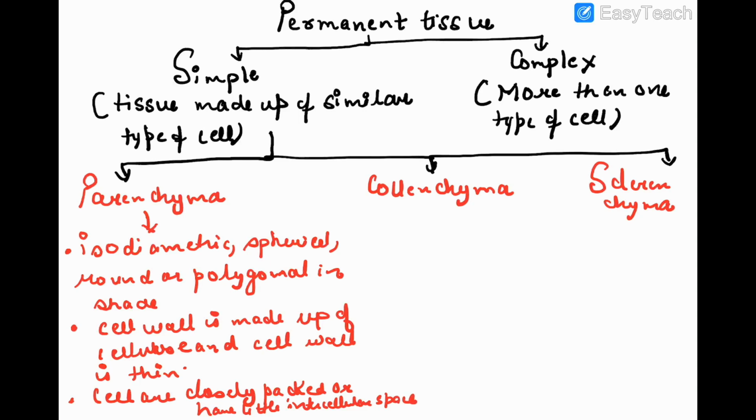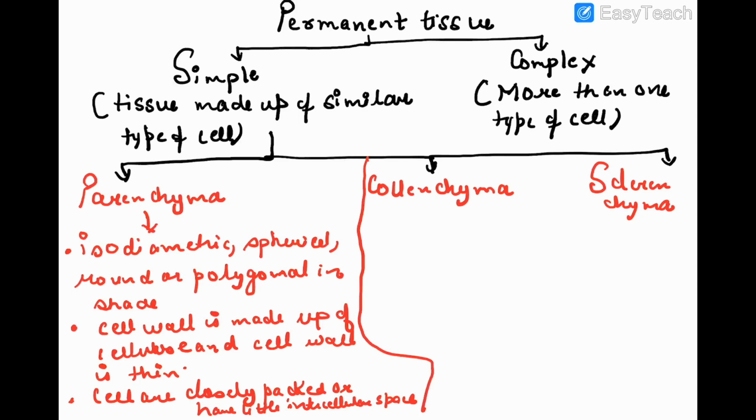So parenchyma, the cells are isodiametric, spherical, oval or polygonal. The cell wall is made up of cellulose and it is very thin, and cells are closely packed and have little intercellular space. Now let us talk about collenchyma.